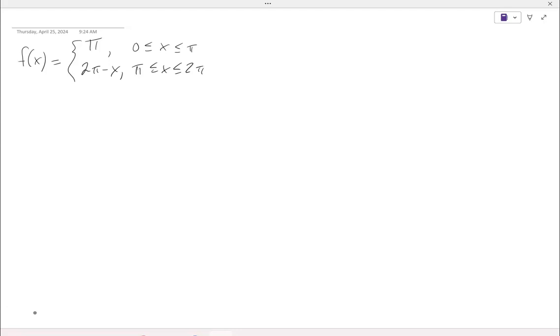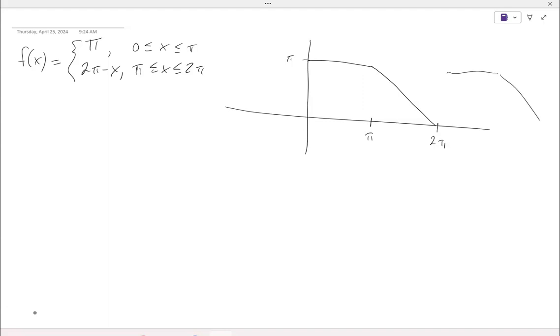So if we think about what the graph of this function might look like, the first part starts here at pi, goes over flat until we get to pi, and then the way I've defined it, it should start at pi and then slope down to 0, and then do the same thing over and over again.